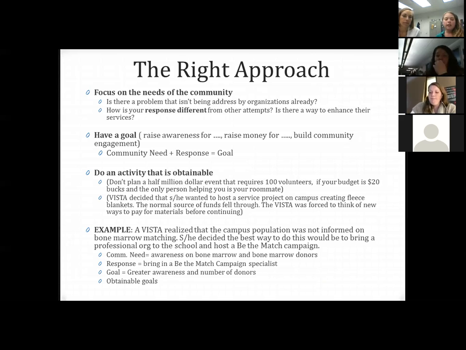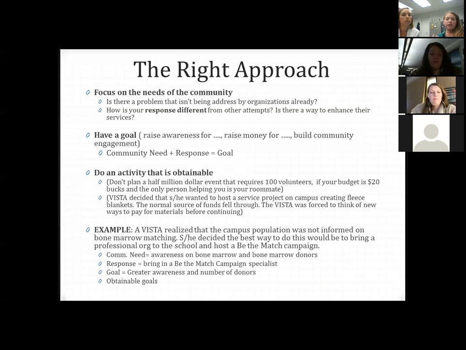An example that we have here for just coming about different approaches is a Vista realized that a campus population was not informed about bone marrow matching. So he or she decided that the best way to do this would be to bring professional organization to the school through a Be the Match campaign.